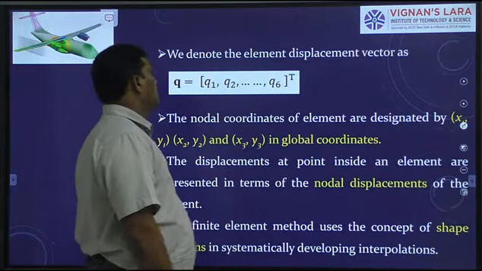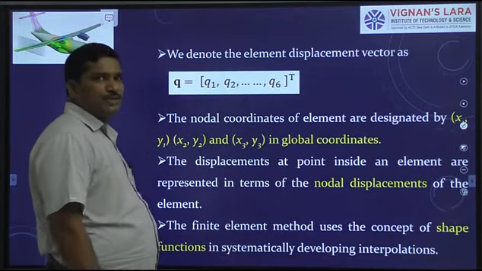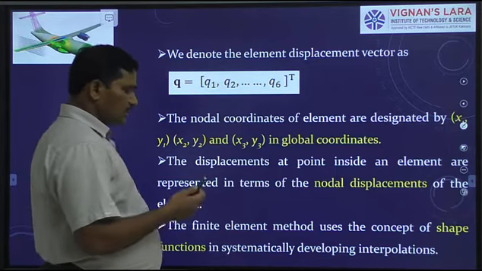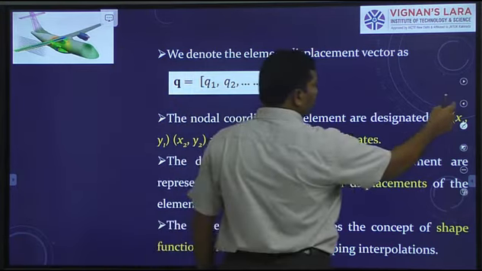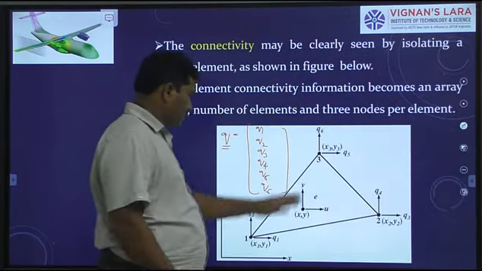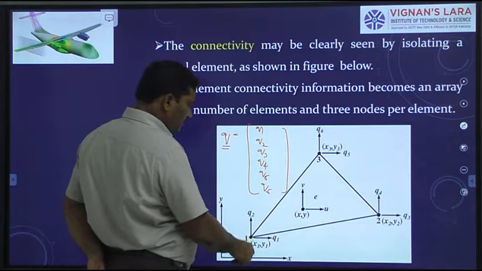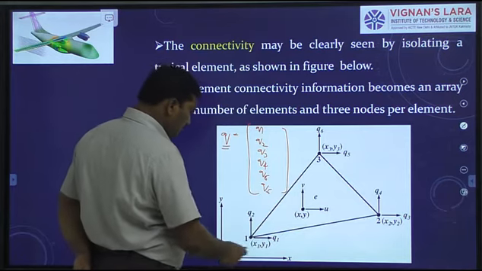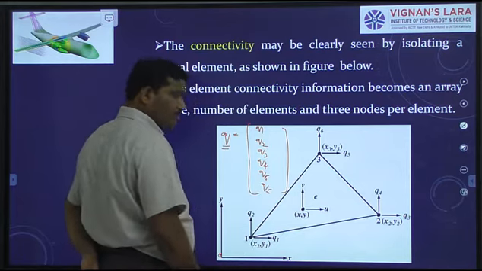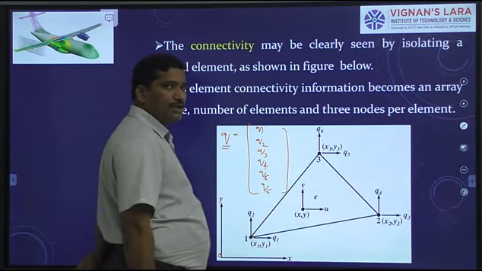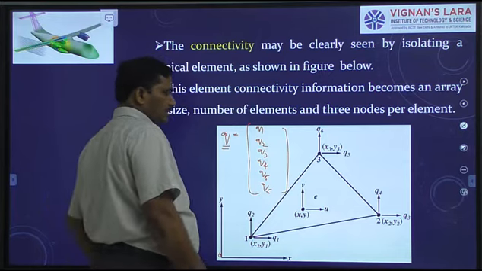Now, this is the element displacement vector we have already defined. And coming to the nodal coordinates of the element here. See, the first node is specified by the coordinates x1 and y1, where oxy is the global reference frame, remember. Therefore, node 1 is specified by its corresponding global coordinates x1 and y1.